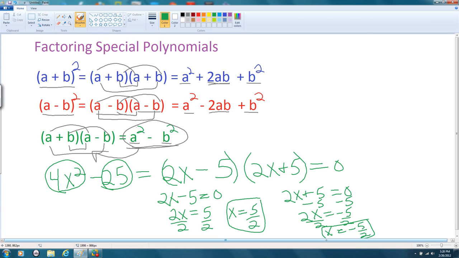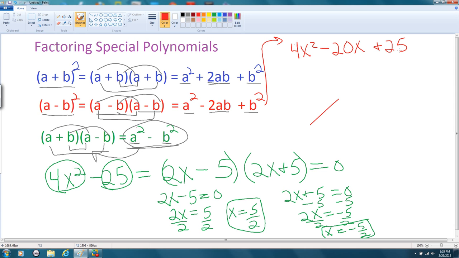Now, let's look at something like this red one here. So let's say I have 4x squared minus 20x plus 25.